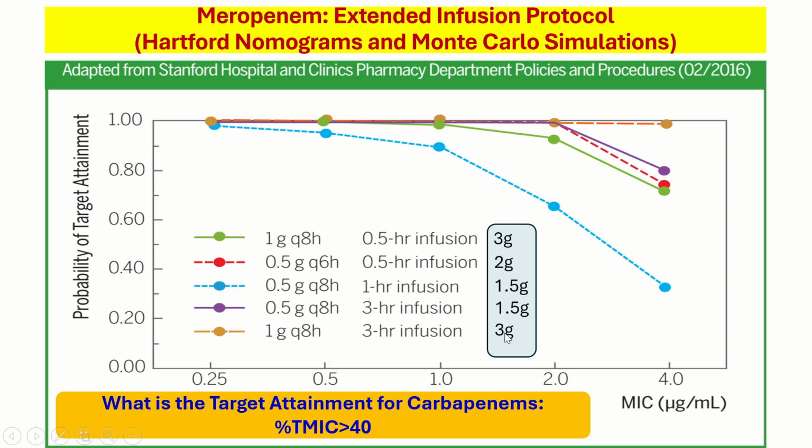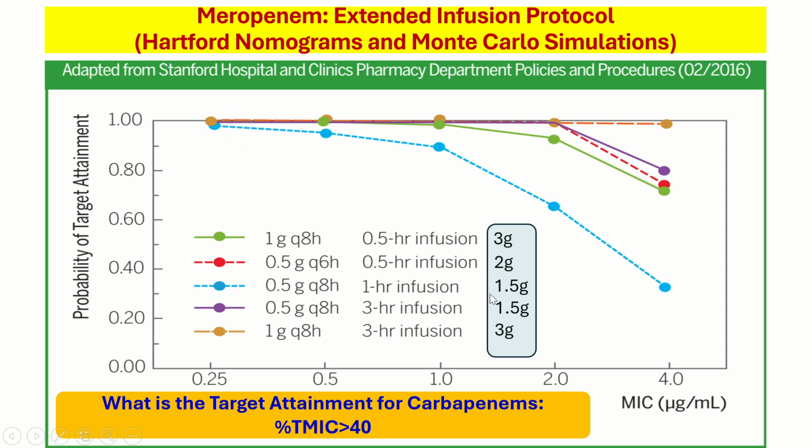So if you see the first and the last dosings, they are the same amount of antibiotic given in the entire day, and the third and the fourth are also showing the same amount of antibiotic given during the entire day. Now, what happens when the MIC is changing? So when the MIC is only 0.25, all these dosing regimens will be able to get the 100% probability of target attainment.